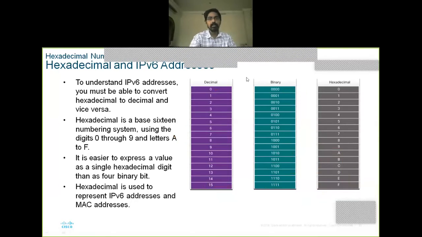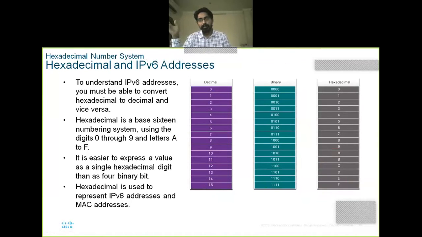What is the highest value in the hexadecimal system? F. What is the binary equivalent for that? The highest value is 1111, all bits are ones. What is the least number in hexadecimal? 0. Equivalent to hexadecimal 0 in binary is 0000, all bits are 0.